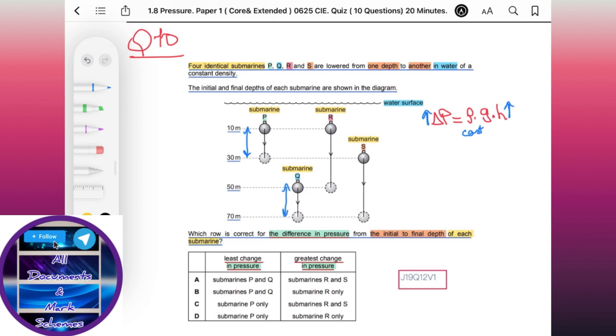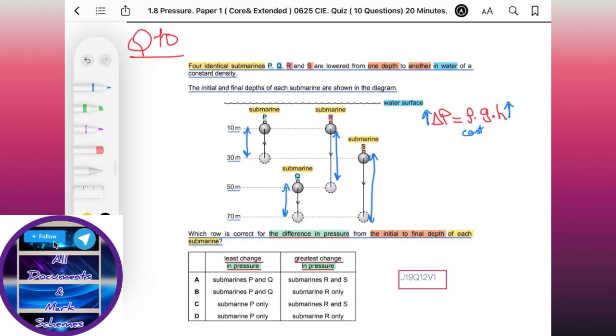Submarine R, the depth changed from 10 to 50, so change in depth here is 40 meters. And for S, from 30 to 70, also 40 meters. So it's clear that the least change in pressure is for submarines P and Q, and the greatest change in pressure is for submarines R and S.